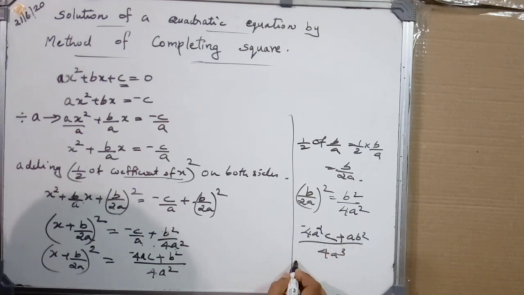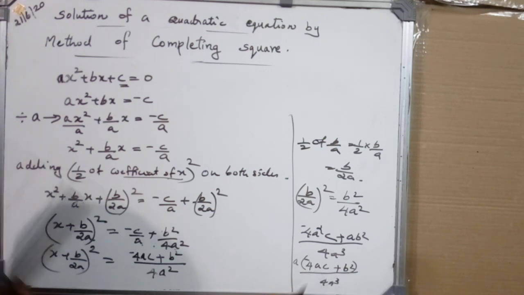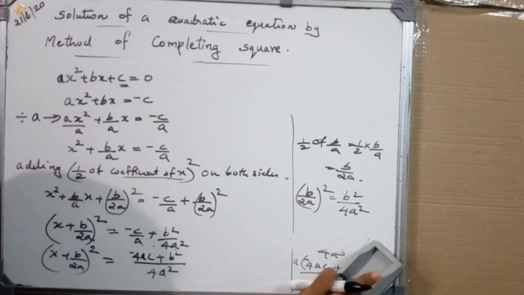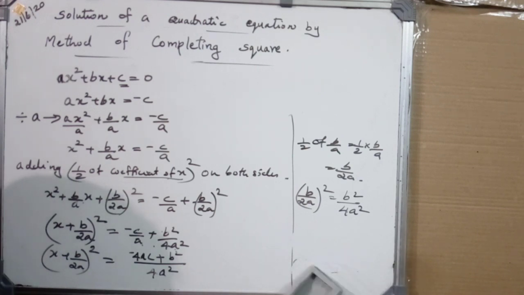Now a is common in this, a times minus 4ac plus b square by 4a cube. Then also one a gets cancelled, we get minus 4ac plus b square. Now in 4a square, 1a you can cancel. So I did here the LCM method, and this is the cross product method.